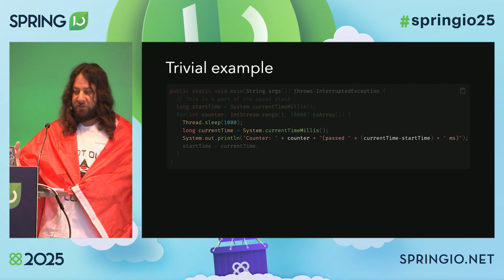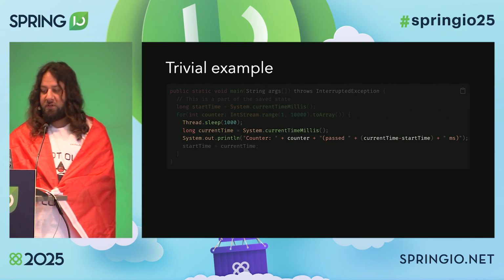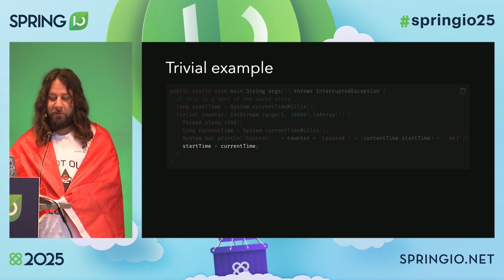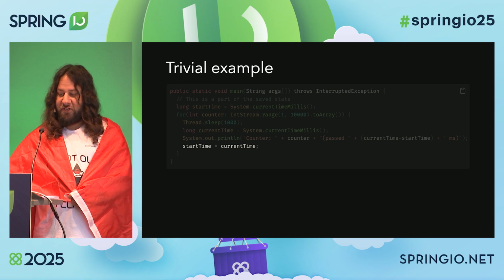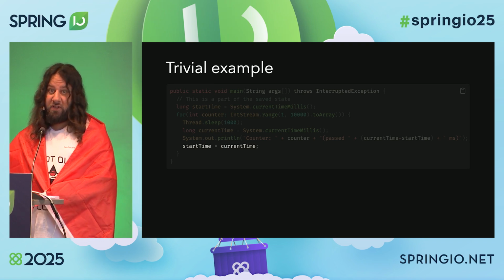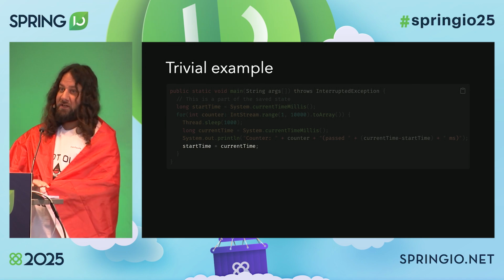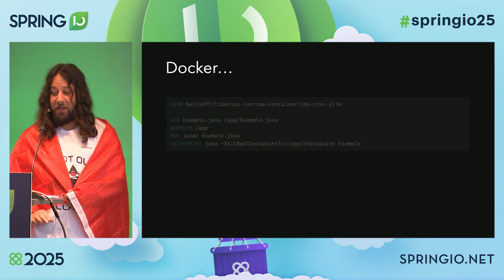And then we print current counter and difference between current time and start time. And then we obviously override the start time. This is just a nice demonstration to show you that when you recover from your CRaC snapshot, there will be a huge difference, like seconds, minutes, whatever it is, between current time and start time.